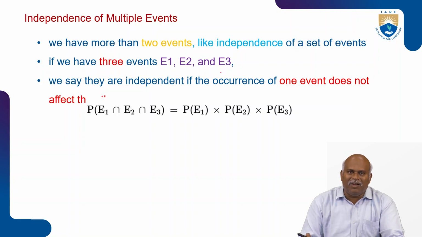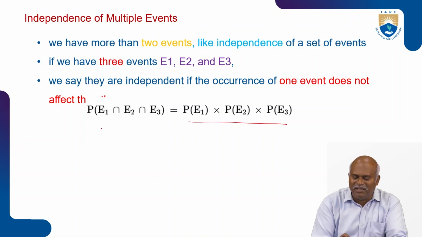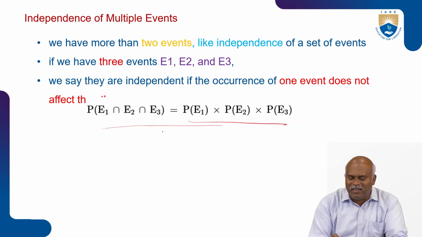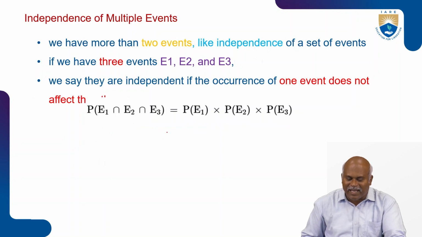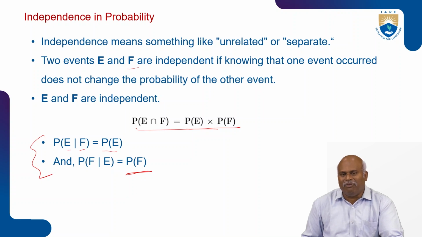I write P of E1 and E2 and E3 is equal to P of E1 into P of E2 into P of E3. This is the way we may represent it. This reference we take for the second condition, the independent probability condition. The independent probability condition always makes a multiplication of both events as well as the overlap.